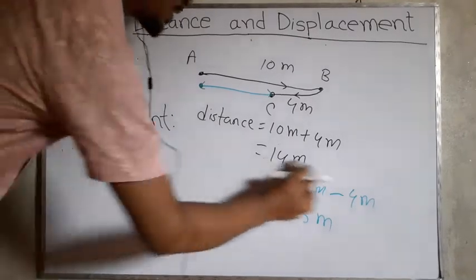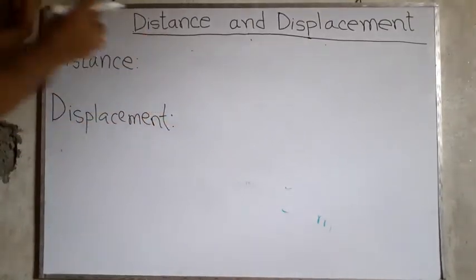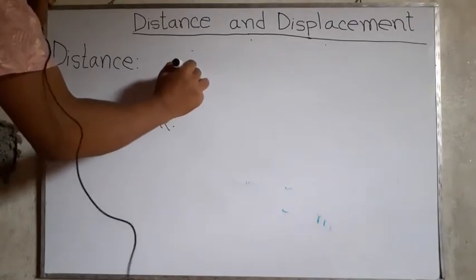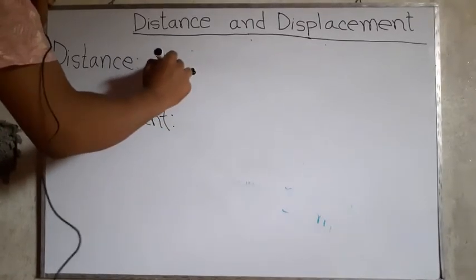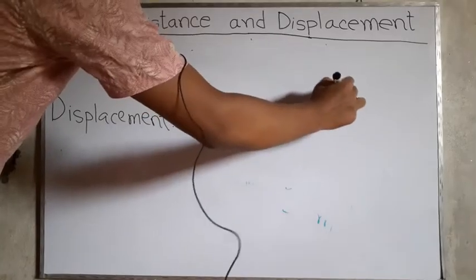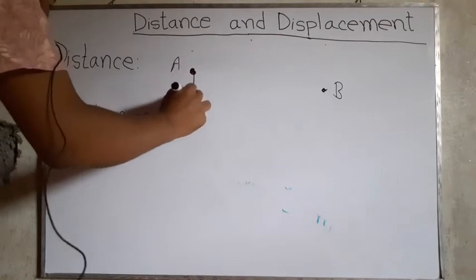Another example, please. Suppose an object is moving from A position to B position by following this path.